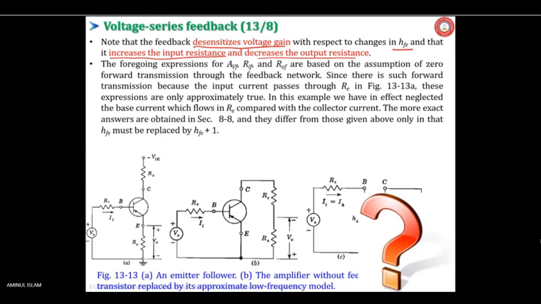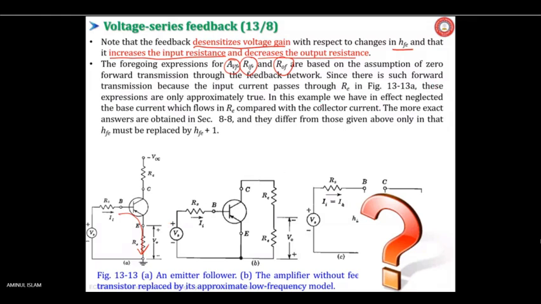The following expressions for AVF, RIF and ROF are based on the assumption of zero forward transmission through the feedback network, since there is such forward transmission because the input current passes through RE. See, IB is also flowing through RE, which is the load resistance, which we have actually ignored.